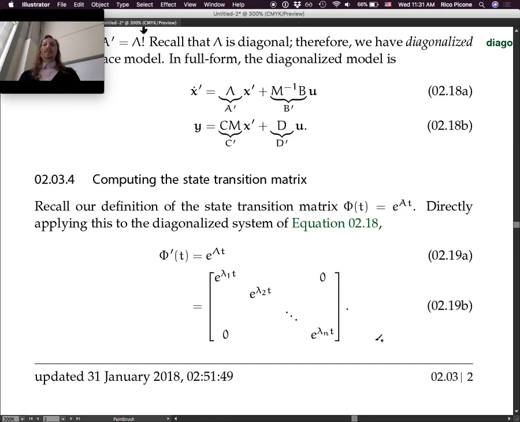So this expression gives you the primed state transition matrix immediately upon finding the eigenvalues, which is sweet, right? That's super easy to do. And remember, the state transition matrix is essentially the key that unlocks the entire solution for the state response and the output response. So this is a really nice expression to have.